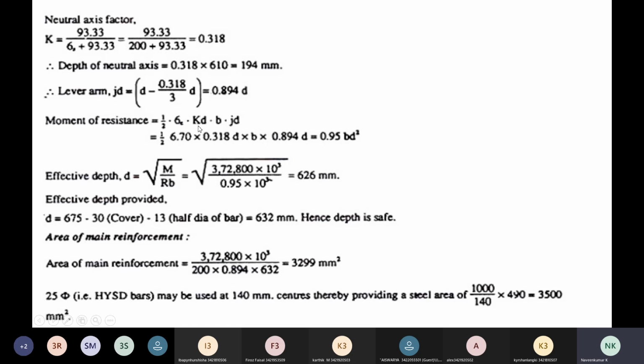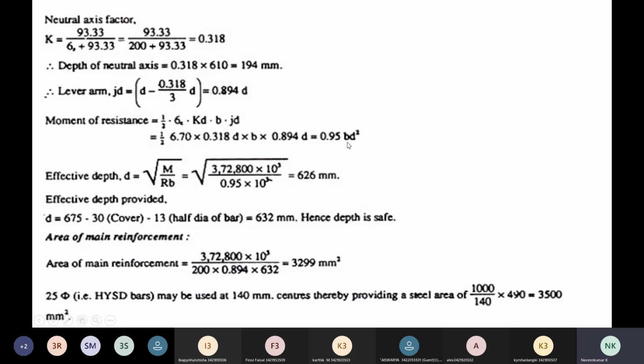The value of K you calculated from the step as 0.138, and d is the only unknown value. For breadth, you can always take 1 meter, or else keep the breadth as such. Then 0.894 is the value of J, so the lever arm distance is 0.894 d. You substitute the values, and at the end the moment of resistance is equal to 0.95 bd square.